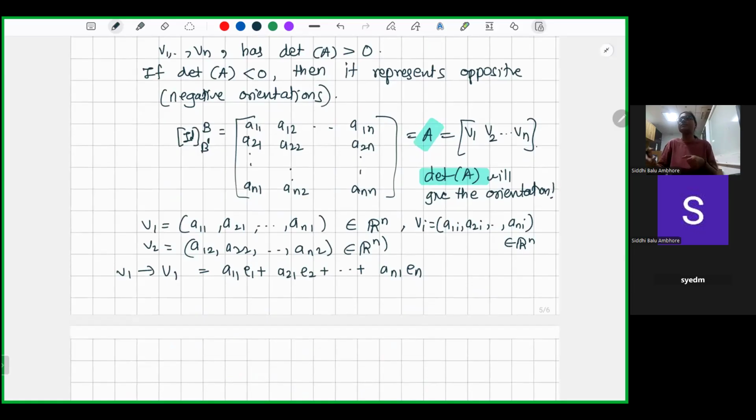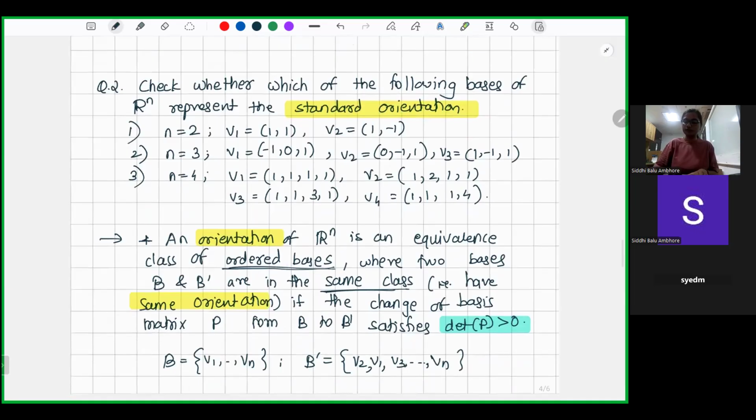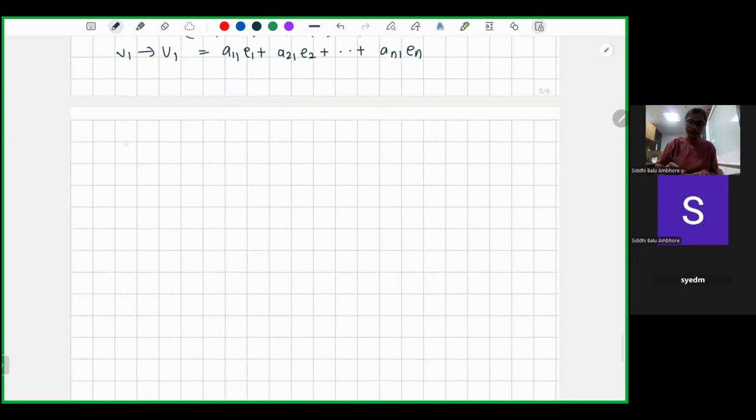If it's positive, it belongs to the standard orientation. If it's negative, it does not belong to the standard orientation. So the first one is n equal to 2, and my V1 is (1, 1) and V2 is (1, -1). So my A will be this matrix, right? 1 1 1 -1.